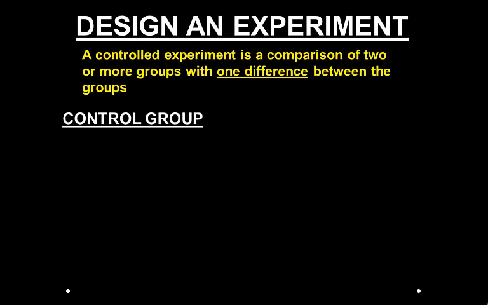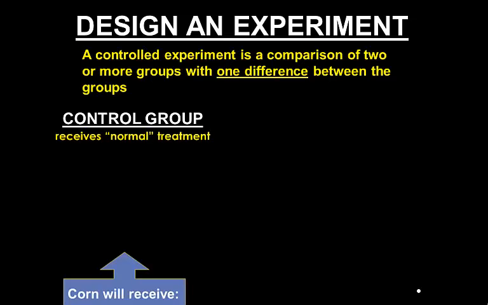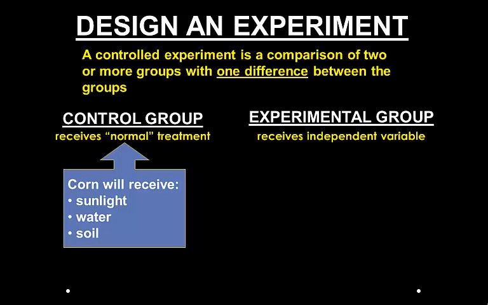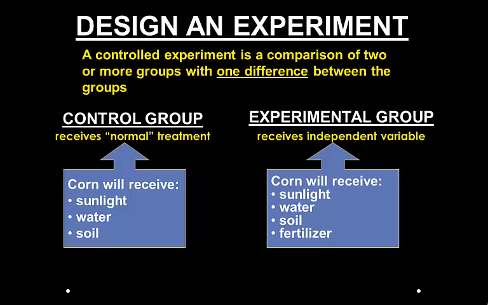The control group receives normal conditions, whereas the experimental group receives the variable to be tested. The control group allows the scientist to compare his results against a baseline measurement so he can feel confident that the results are not due to chance.